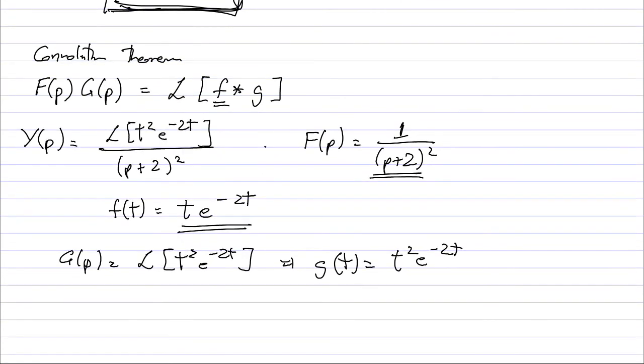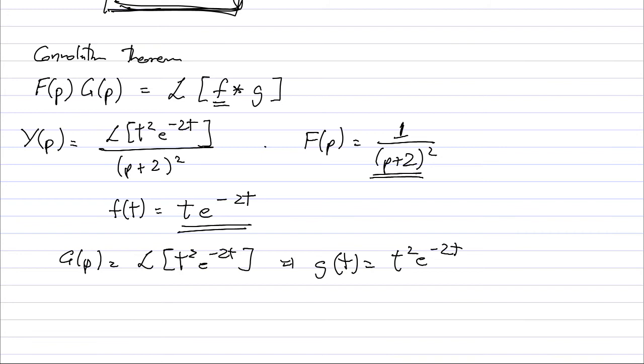Now, applying the convolution theorem is usually easier because the original problem calls for taking the inverse Laplace transform of the product of two functions. That might give you a complicated function whose inverse Laplace transform you have to find. But it should be easier to calculate the inverse Laplace transform of each of those individually.